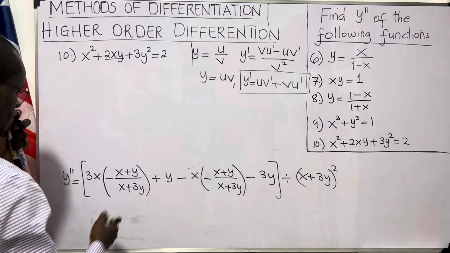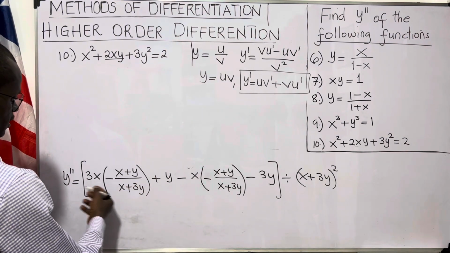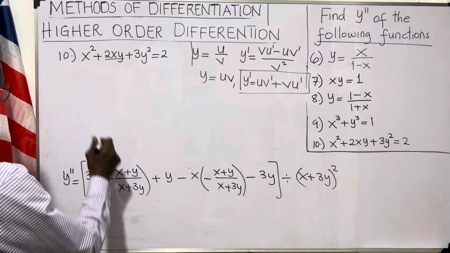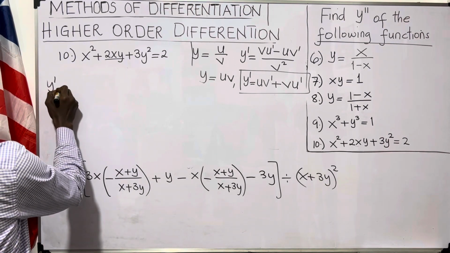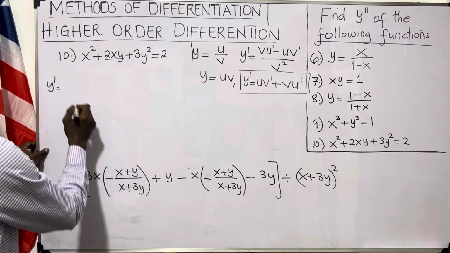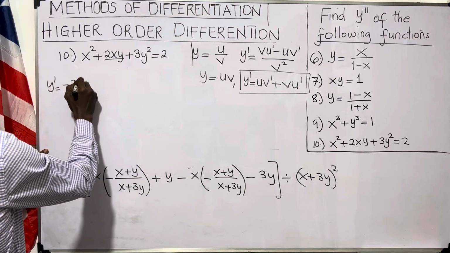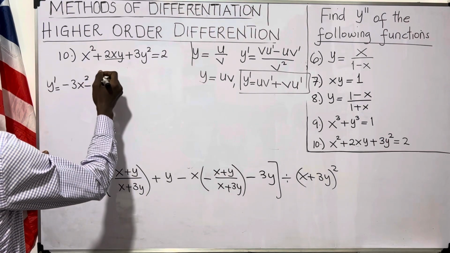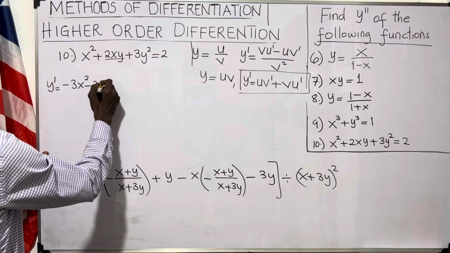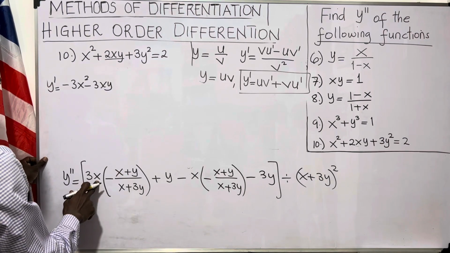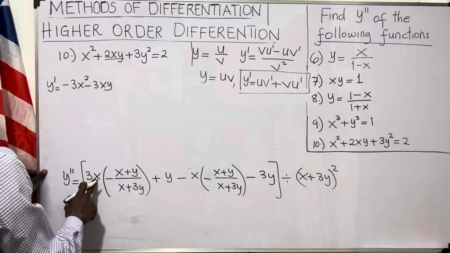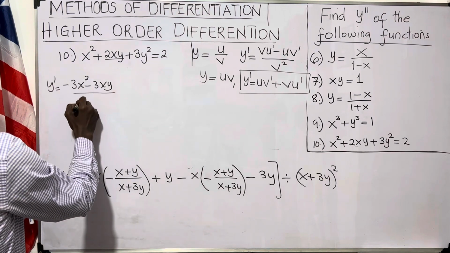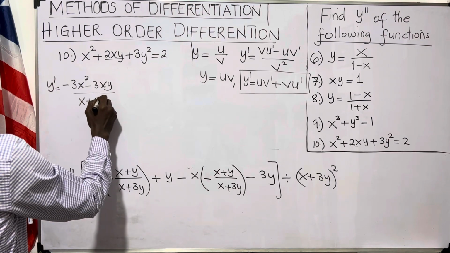So now we can simplify. This expression right here, y prime, is just minus 3x squared and then minus 3xy, because this is 3x times this negative times this x, and 3x times this negative times this y, divided by x plus 3y.